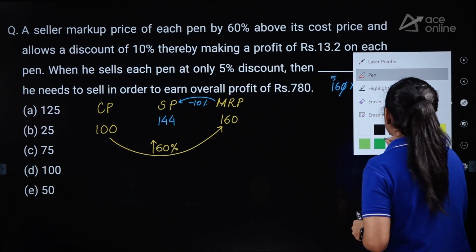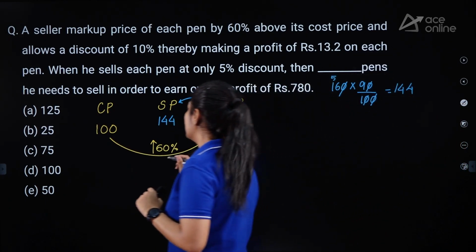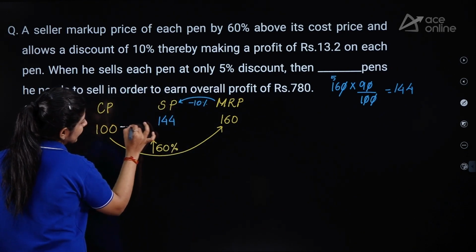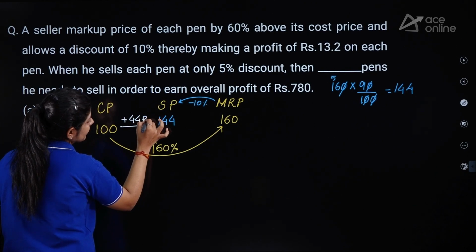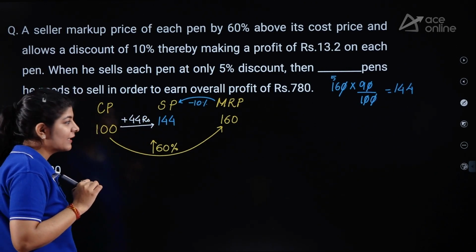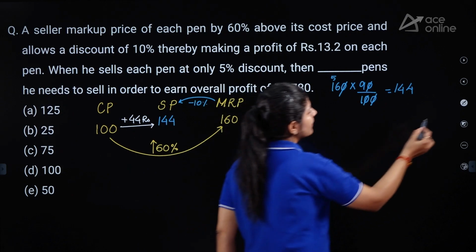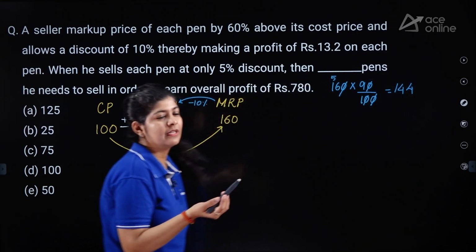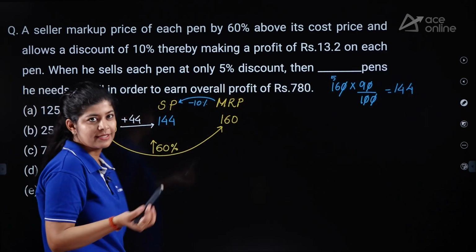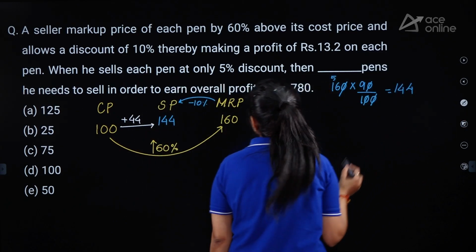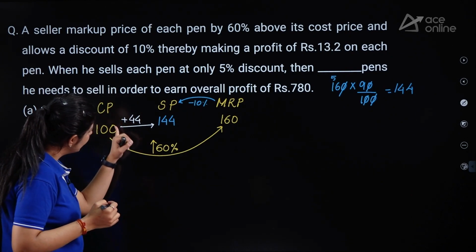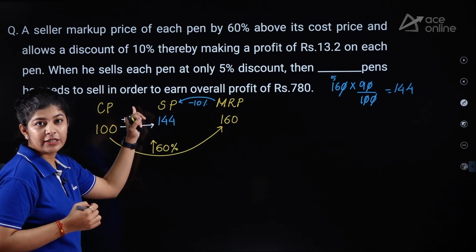If I look at the data carefully, I am getting a profit of 44. Do not write rupees here, because we are only dealing with values in terms of ratio. According to this, I am getting a profit of 44.